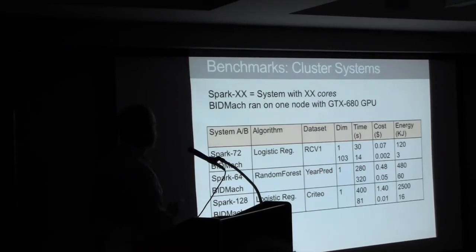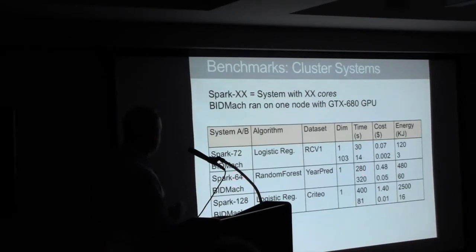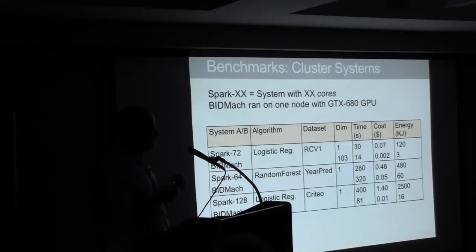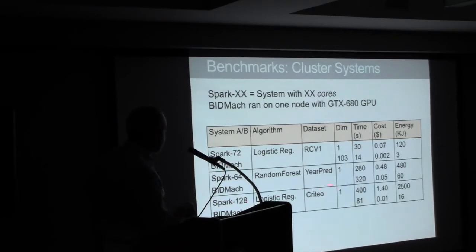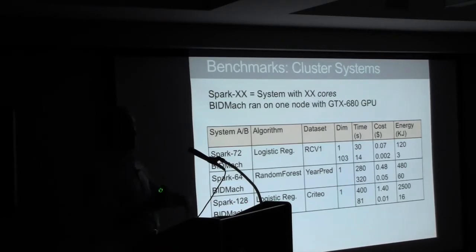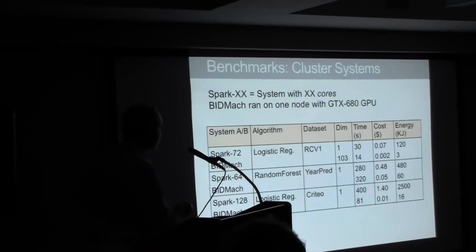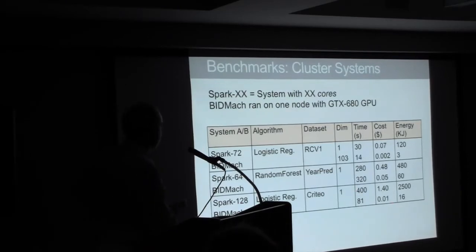The random forest case is against a recent Spark random forest implementation, and we're again comparable. This is 8 nodes. So we're competitive with about an 8-node cluster, but of course with a big advantage in cost and power. And then for a single target regression, which is not a good case for us because there's no parallelism in it, we're still doing better than this bigger cluster.